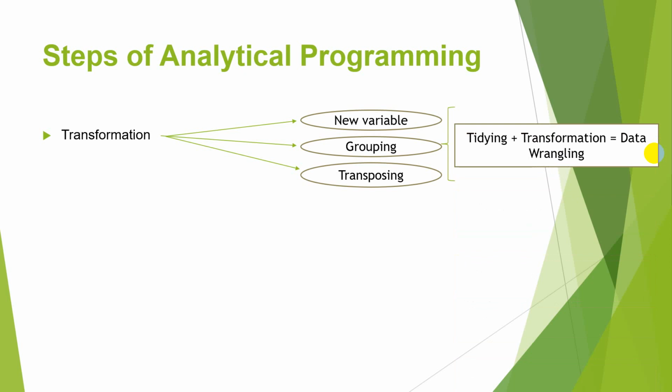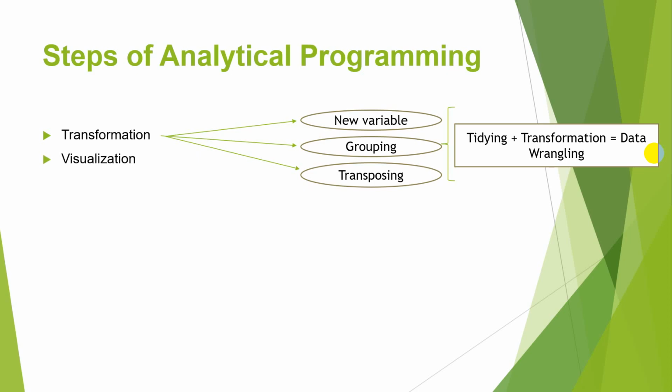Okay. Now, good thing: we have covered the tidying process and the data transformation process. Those two things combined together, in the latest era of data science, are called data wrangling. So what does data wrangling mean? Data wrangling is nothing but the processing of data.